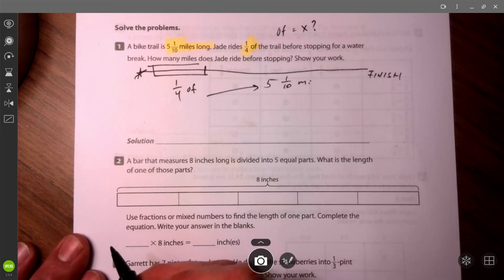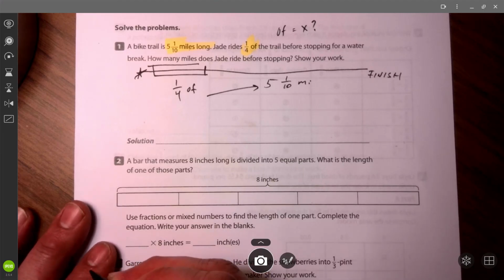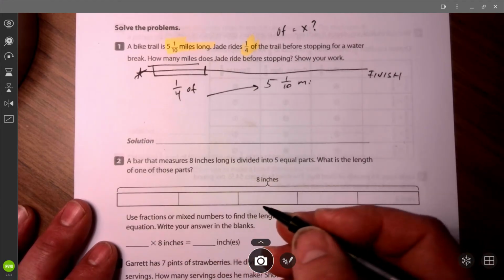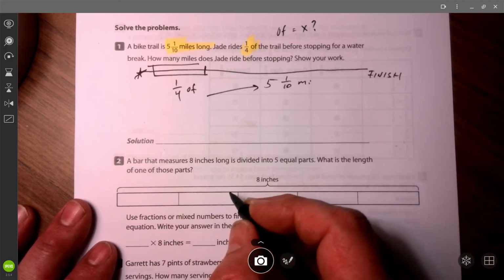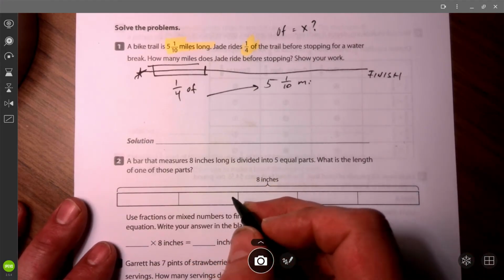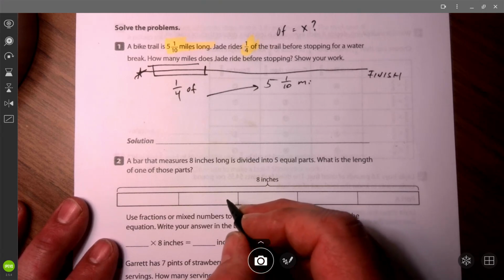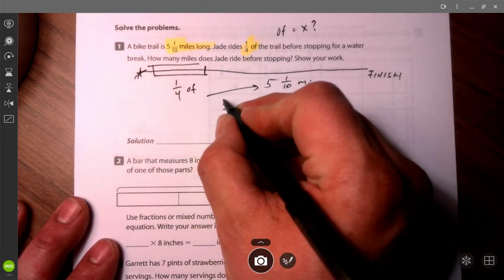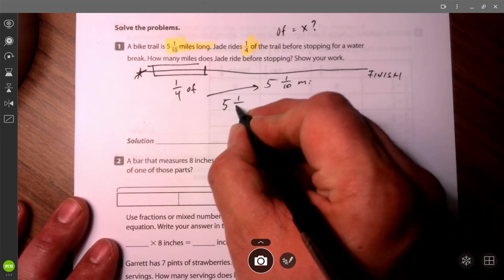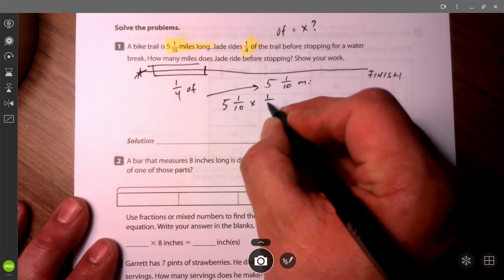So that's what gives me that multiplication vibe. I know that seems like division or subtraction, but the word "of" there is what lets me know that I'm actually doing multiplication. So I have 5 1/10 times 1/4.